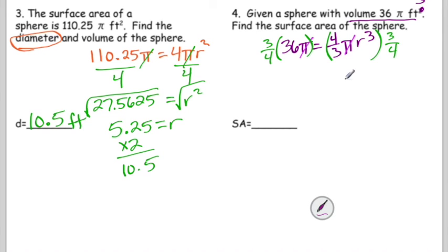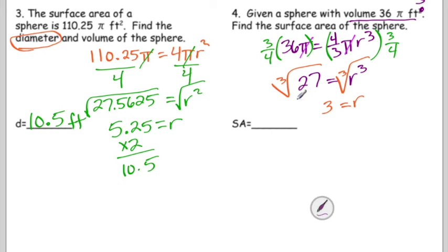So here that canceled out, it gives you r cubed, and then 3 times 36 divided by 4 gives me 27 on that side. So then here, to continue solving, we're going to have to cube root because it's r cubed, so cube root is the opposite operation for that, giving you the radius of 3.